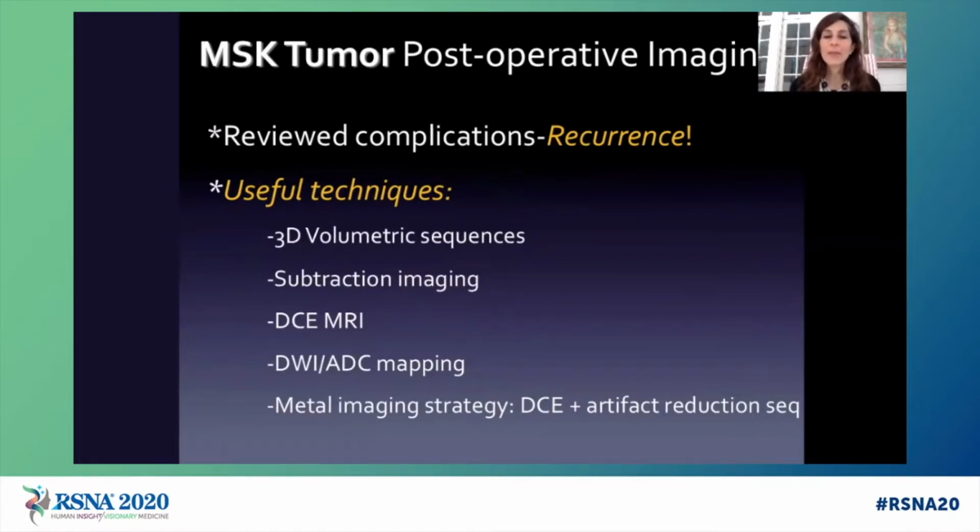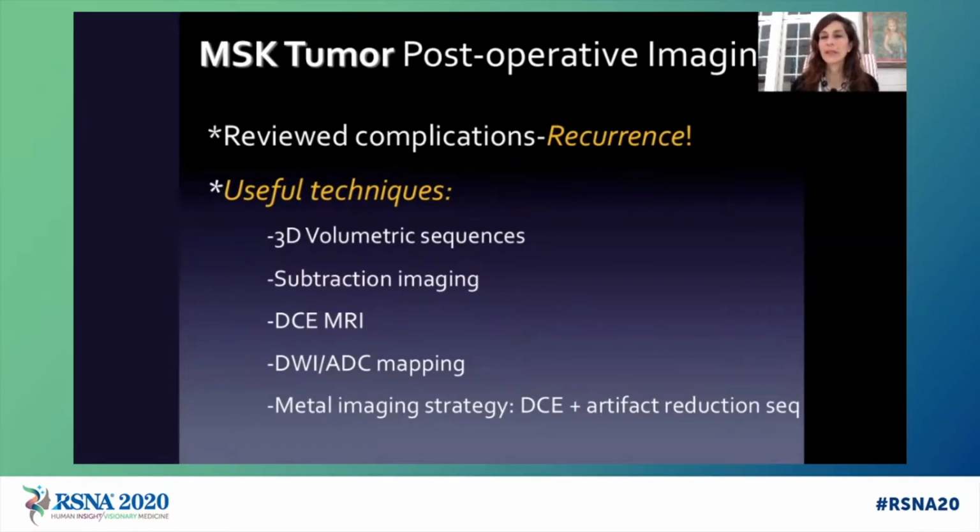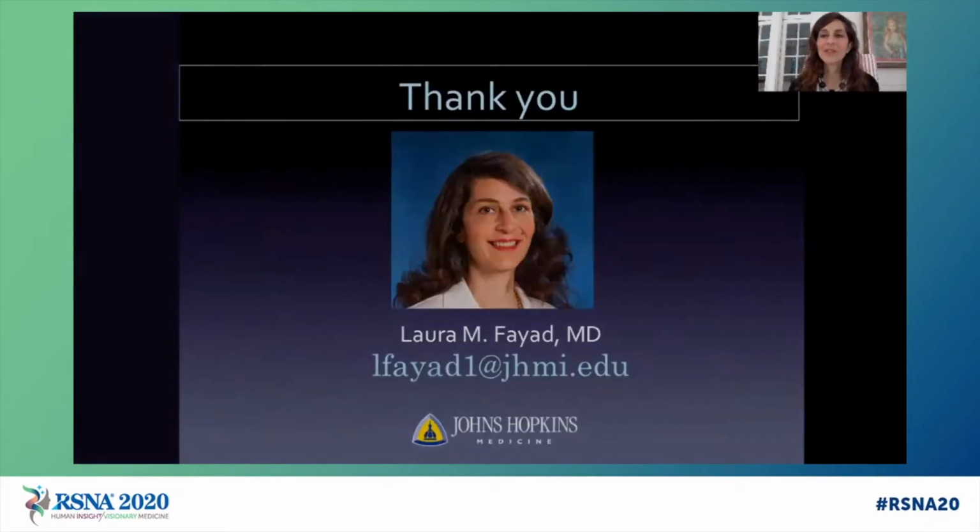Diffusion weighted imaging and ADC mapping are very helpful for distinguishing these areas of nodular scar from recurrence. And then in the setting of metal, we talked about a strategy to image postoperative patients using DCE and various artifact reduction sequencing. Thank you very much.